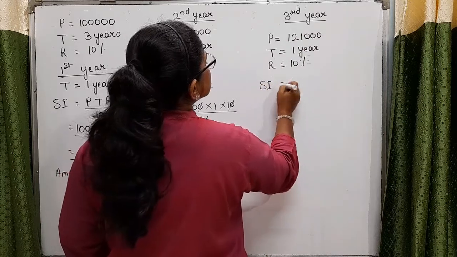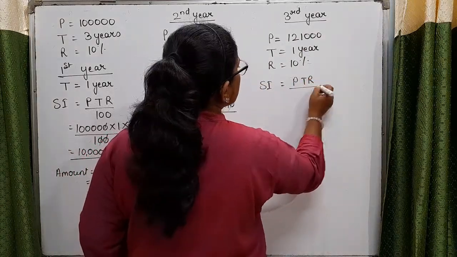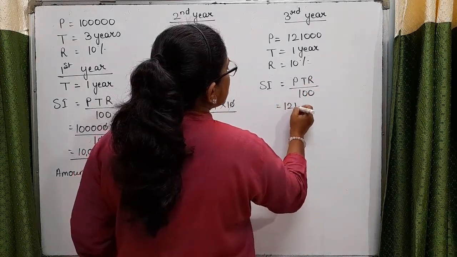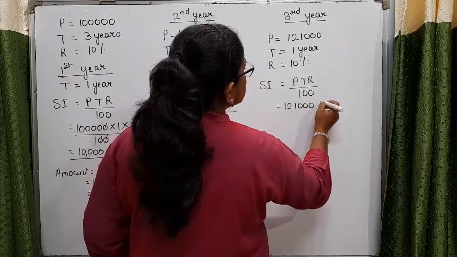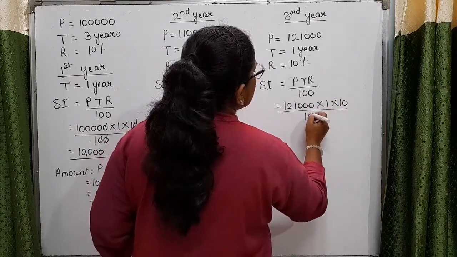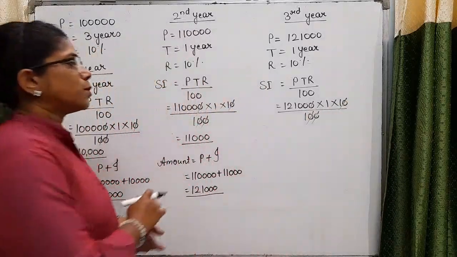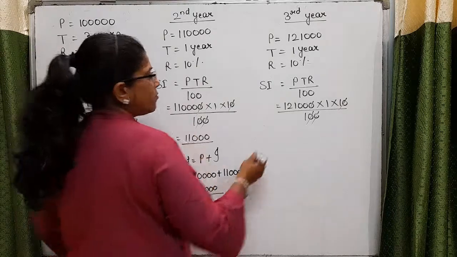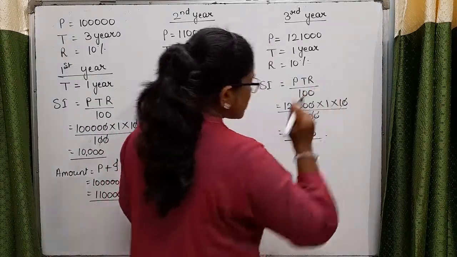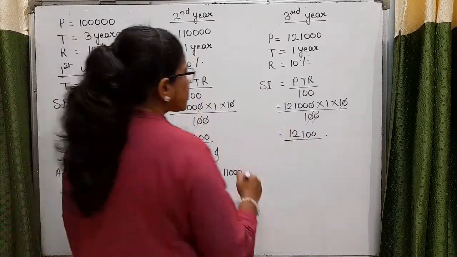Let's find the interest. Simple interest is PTR upon 100. P is 1,21,000 into 1 into 10 upon 100. The zeros cancel. Now what is the amount here? Here we have 12,100. This is the interest for the third year, 12,100.